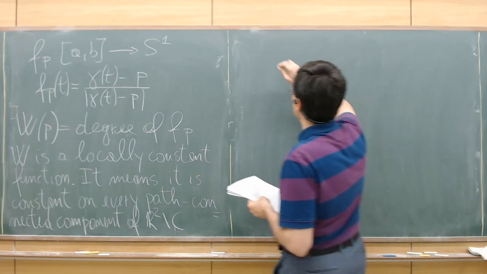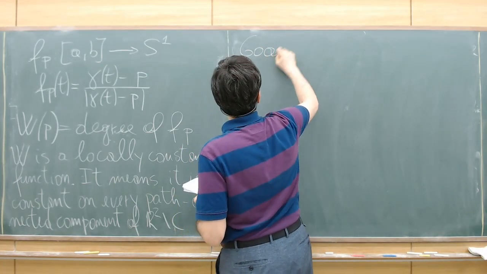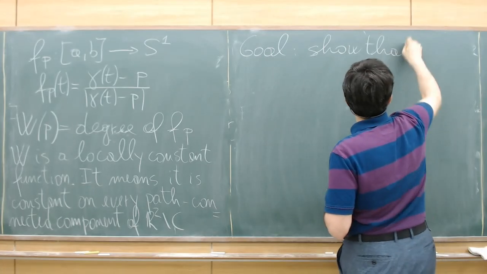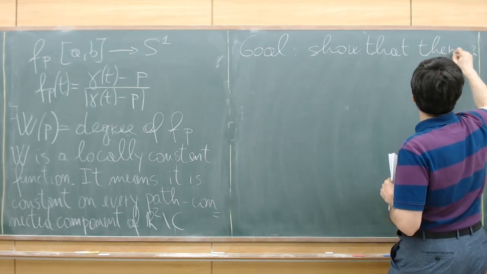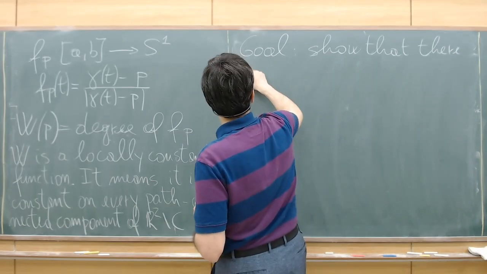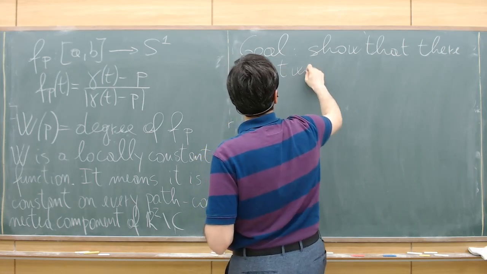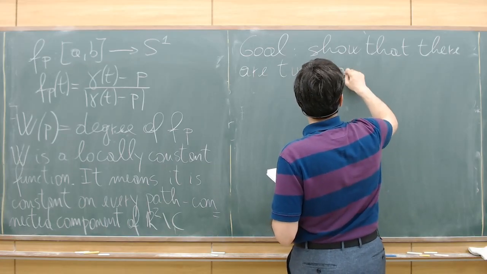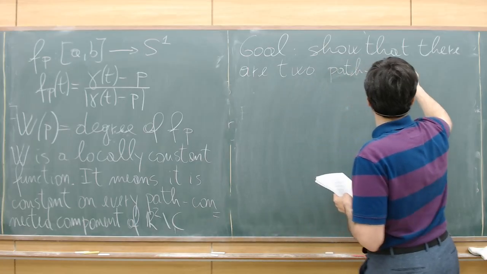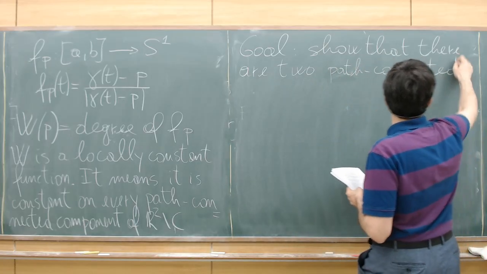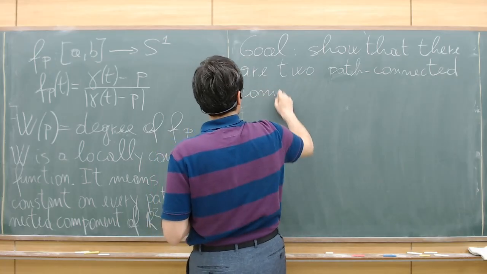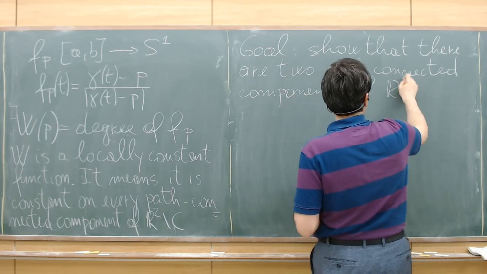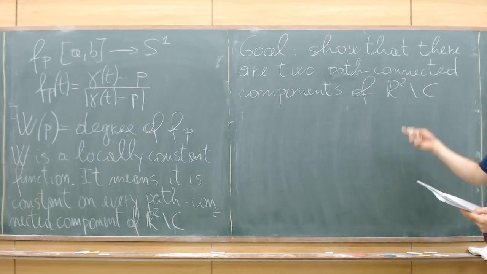Okay, the idea of the proof, so maybe the goal is to show that there are two path connected components of R2 minus C. So how is this done?